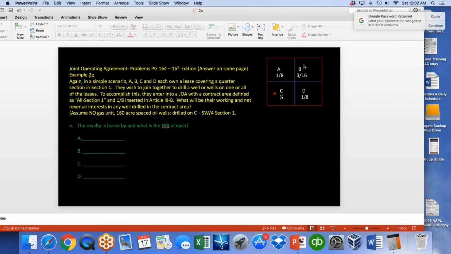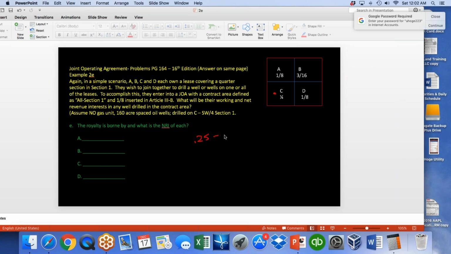So let's take a look at what the calculations would be. What would A's net revenue interest be? Well, we know that A has a 25% working interest, and we're going to deduct from that the 1/8 that he's responsible for. This is not his royalty owner; we're paying C here.